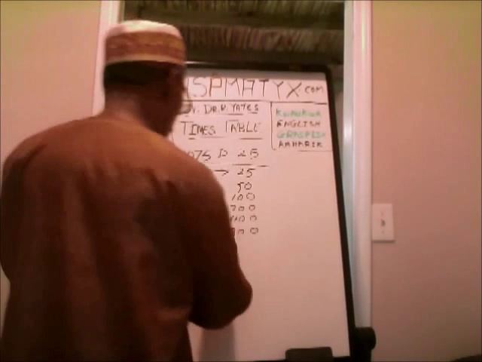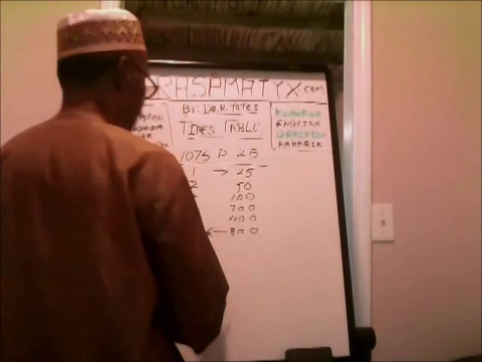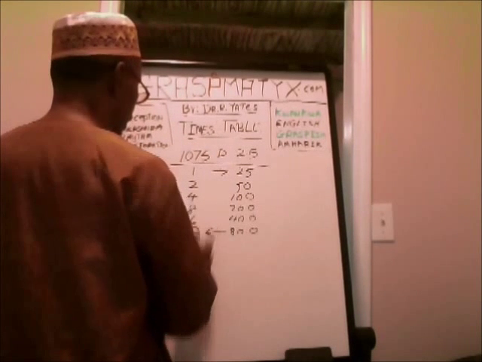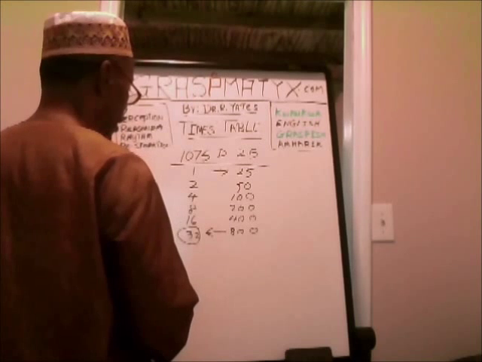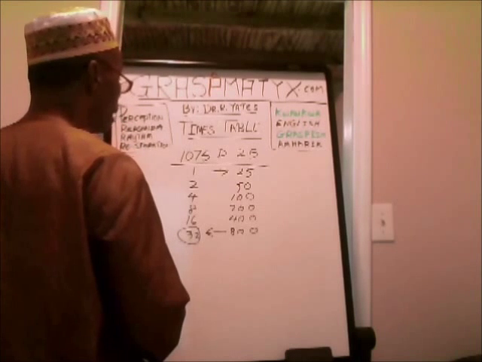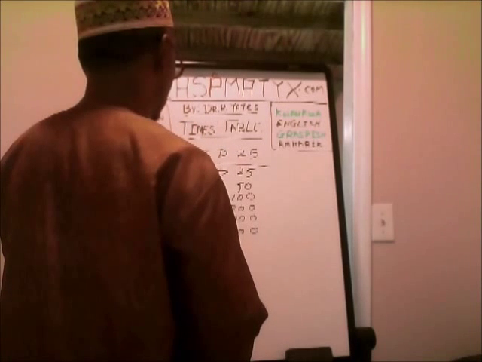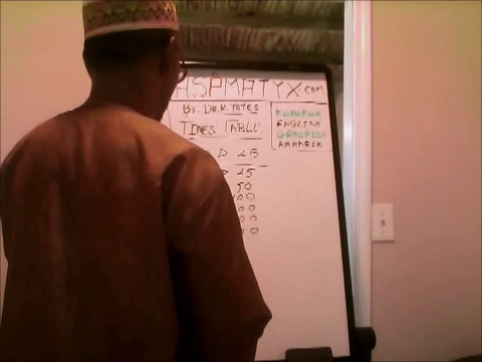So what happened is that we go in the opposite direction because you're dividing. So I'm going to add now this, right? And let's see. That's 100, right?